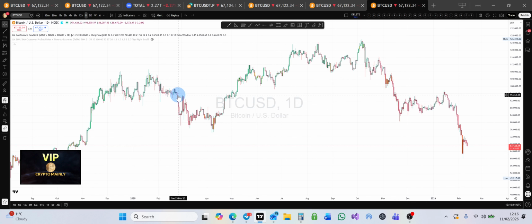You'll see the colors start light green, and as they get darker and deeper into the greens, that means the move is starting to exhaust. The yellows suggest there's potentially a reversal, or that the price is very choppy in that range. But you'll see the yellows quite clearly indicate the reversals here.